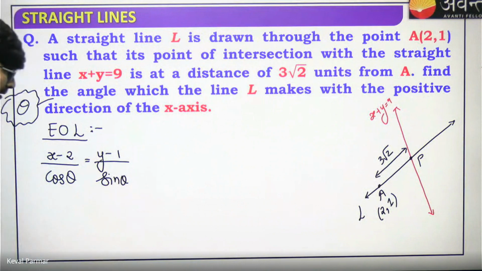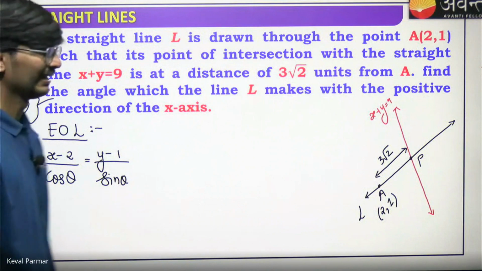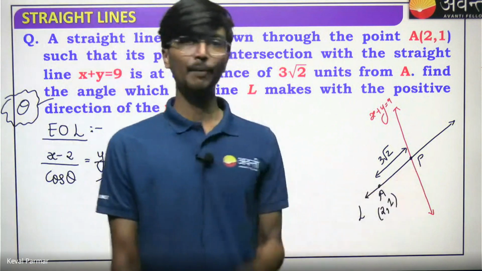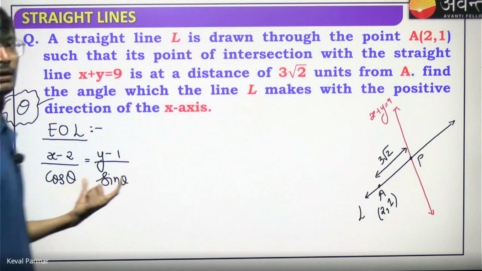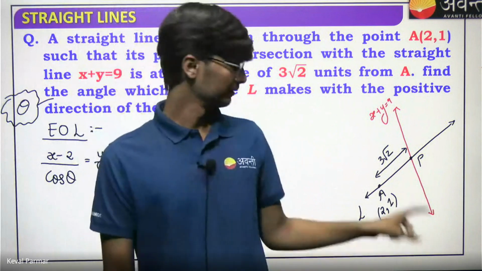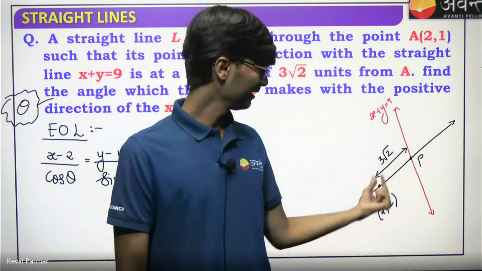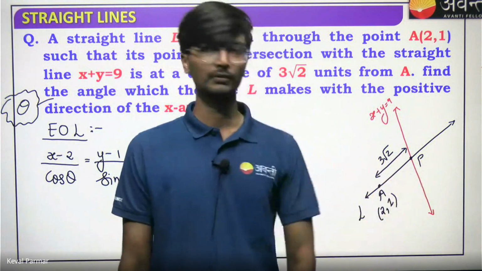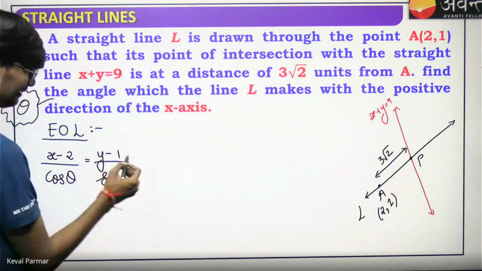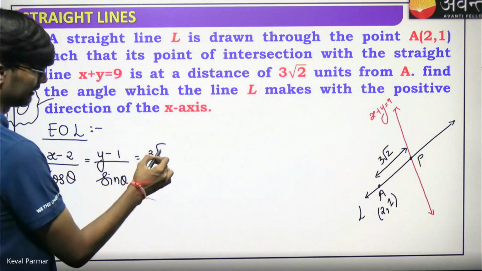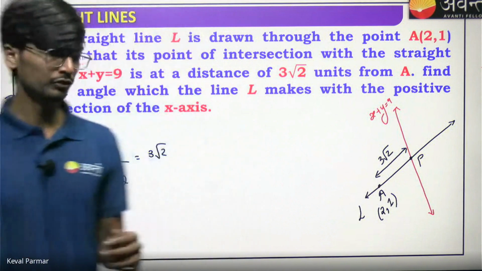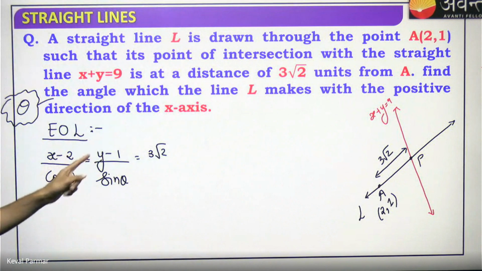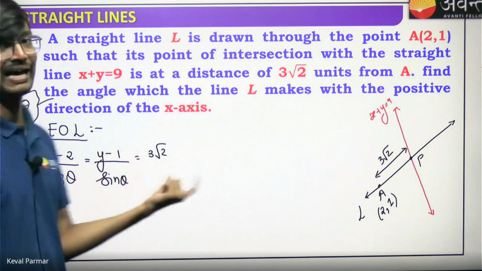This is the symmetric form. Now to get the point P, we have to travel a distance of 3 root 2 units. That means this will be equal to 3 root 2. I hope you remember this. We used to write x minus x1 upon cos theta, y minus y1 upon sin theta equals r, mod r.